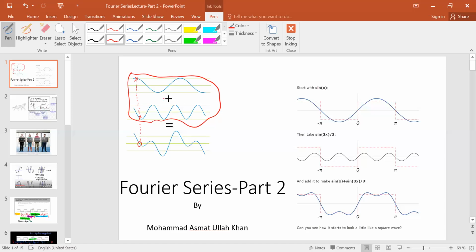So let us say I pick this part. Now here is a negative part, okay? And if I look at exactly the same part on the next wave, it is a small negative.